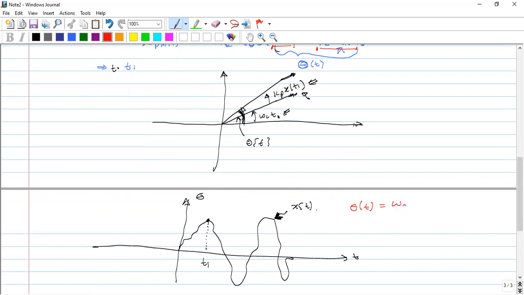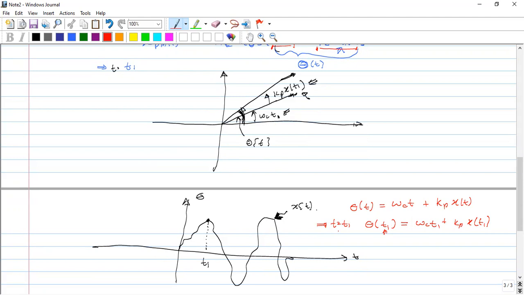Theta t is equal to omega c t plus kp x t. At t equal to t1, we can find that instantaneous angle, the angle at this point. We can write it as omega c t1 plus kp x t1. So this is the instantaneous, total angle.